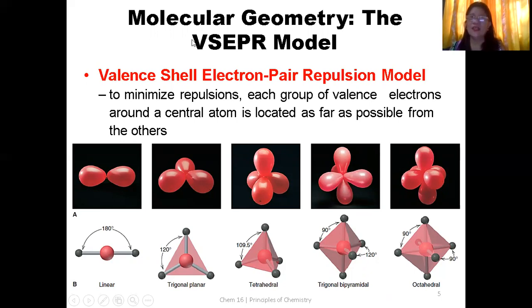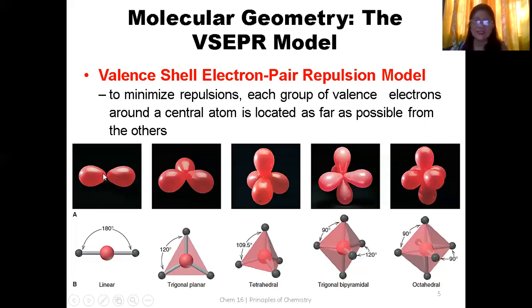That is the VSEPR model, the abbreviation of the valence shell electron pair repulsion model. To minimize repulsion, each of the valence electron pairs around the central atom is located as far as possible from the others.